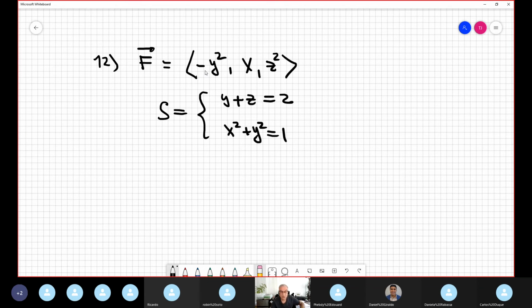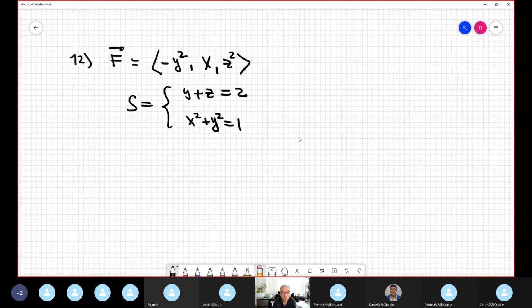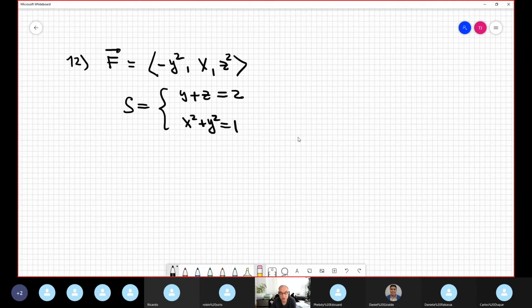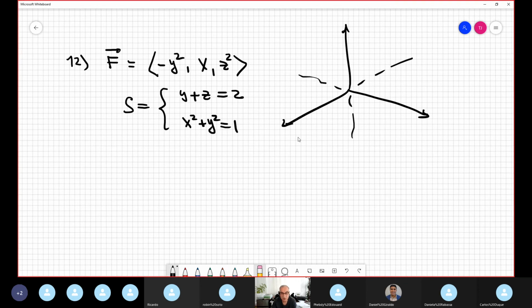Good, very good. So you want to have some approximation of this surface in 3D. As similar, we have the cylinder, the unit cylinder here. And we have a plane.